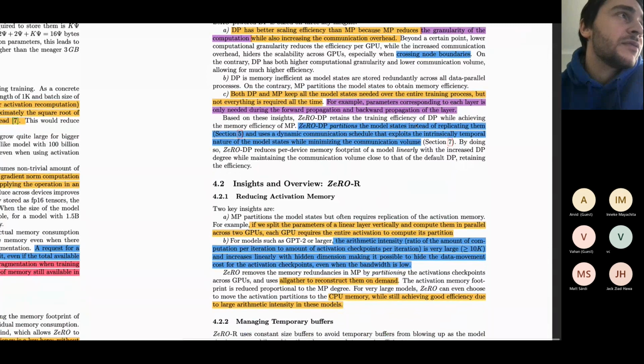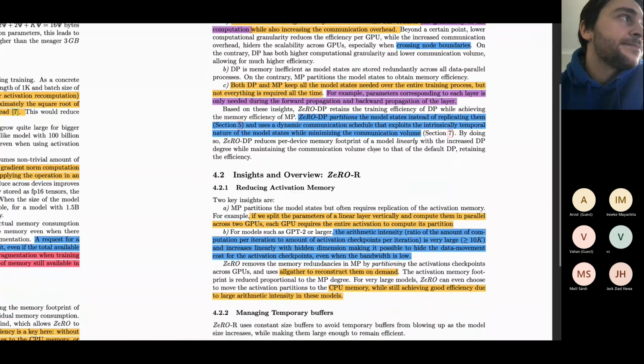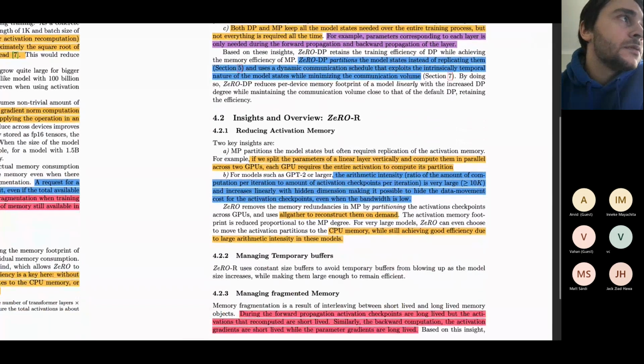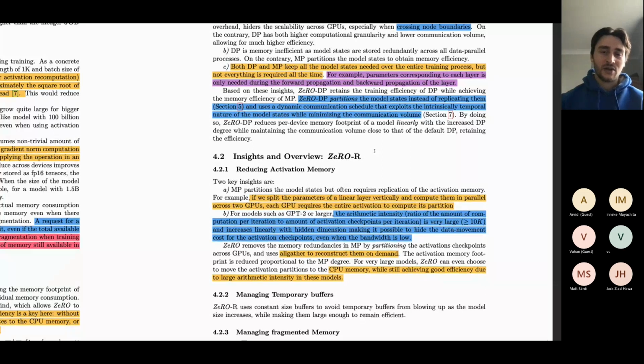ZeRO-DP partitions the model states instead of replicating them and uses a dynamic communication schedule. Actually, I wouldn't want to gloss over this. I hope what I just said came through, because I think that's the key idea of why all of this works.